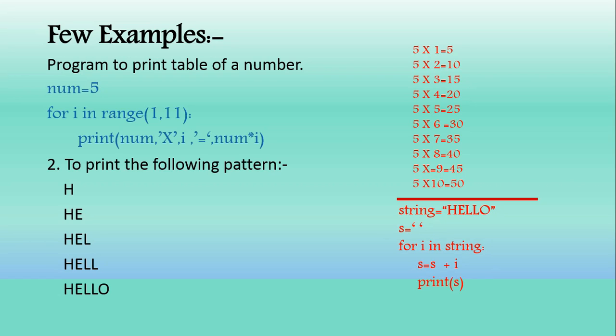Now we will write a loop: for i in string. String is a sequence, means a string type sequence, and next the statement will be s is equal to s plus i, and finally we will print the s value within the loop.